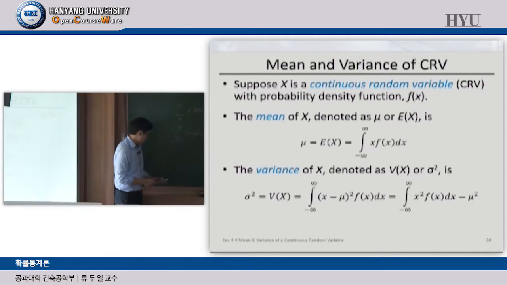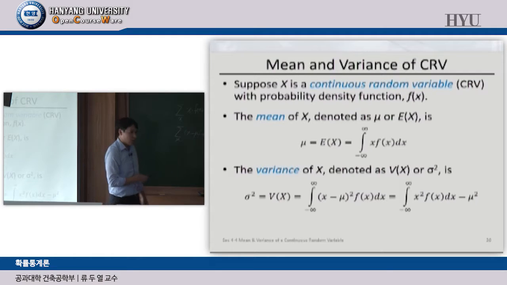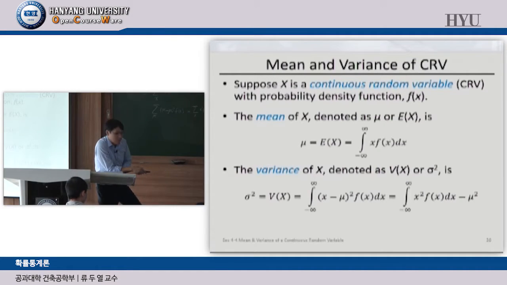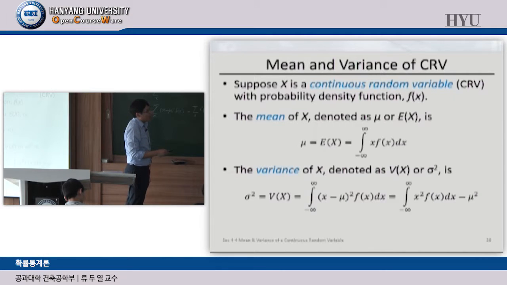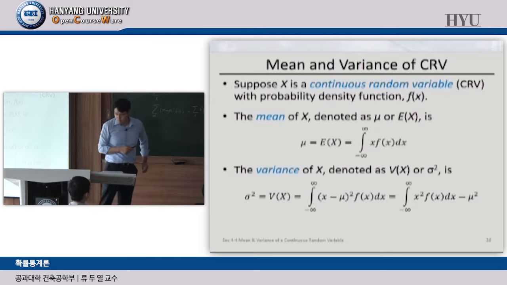Okay? This is the case of the discrete random variable. And as you can see, the formulation is identical, but the only difference is that the summation is substituted by the integration. That's the only difference between the continuous random variable and the discrete random variable.